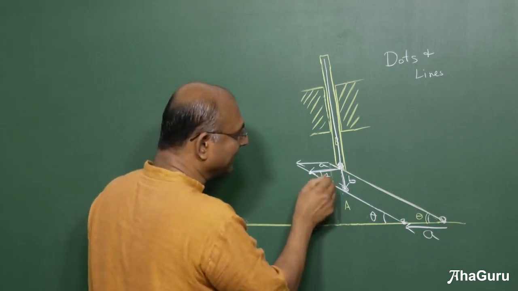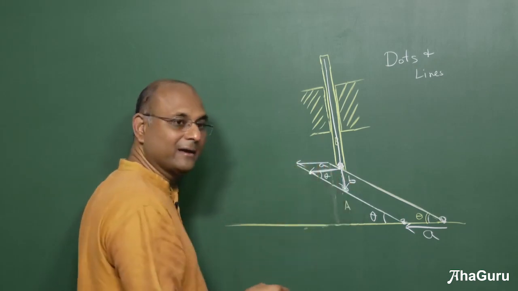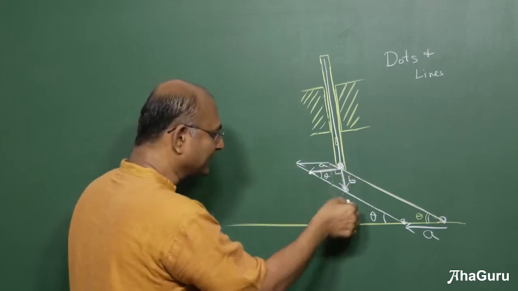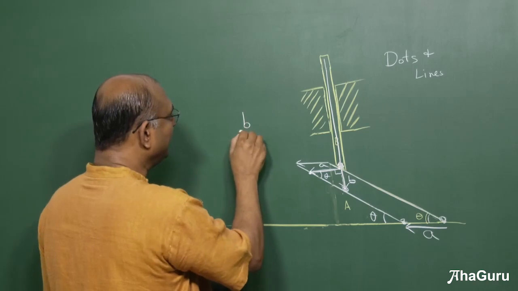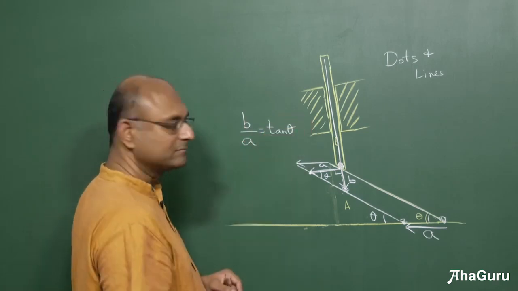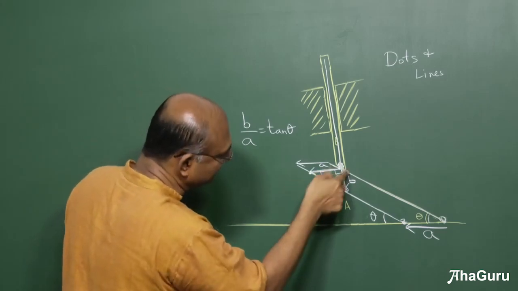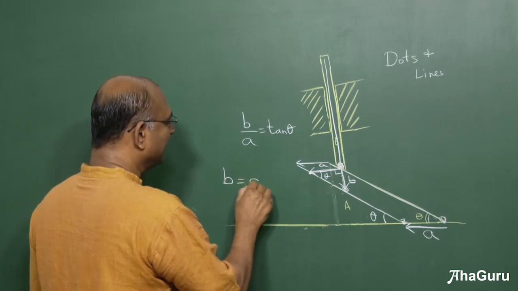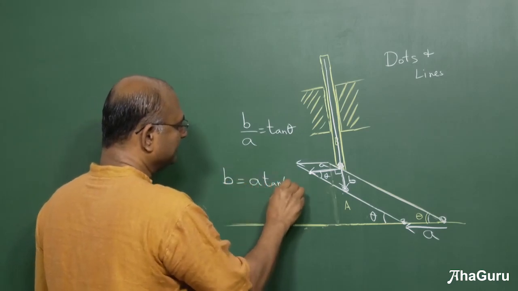Well, if this angle is theta, that means B by A must be tan theta, because this is 90 degrees. This is moving horizontally, that is moving vertically. So we can conclude B by A is tan theta. Can you see that? B is the opposite side, A is the adjacent side. So B by A is tan theta, which means B is A tan theta.